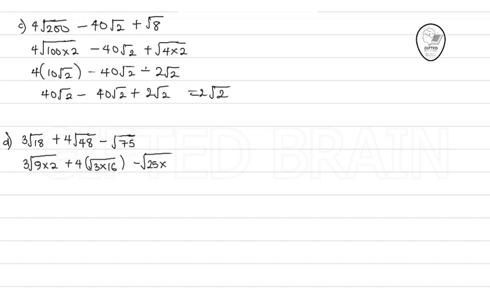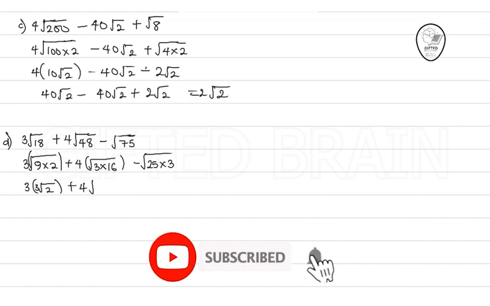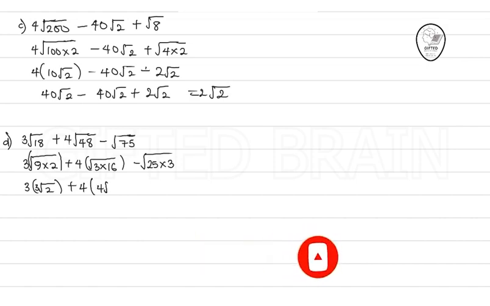And so this will simply give us 3 root 2 plus 4 into the bracket of 4 root 3, minus, this will give us 5 root 3.